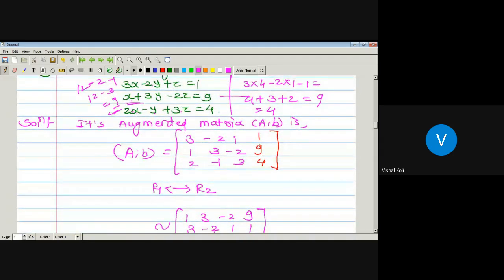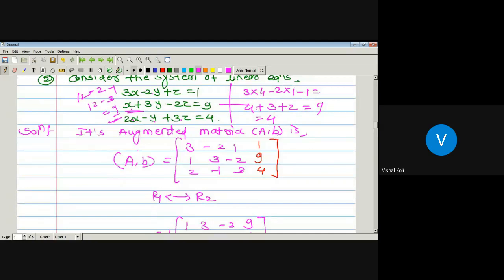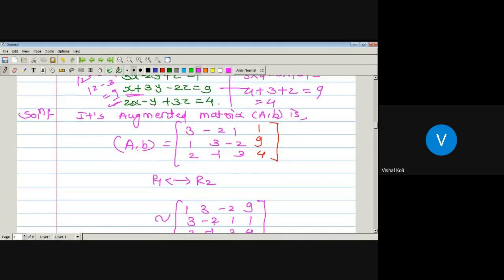Here the matrix is 3, -2, 1, 1; 1, 3, -2, 9; 2, -1, 3, 4.